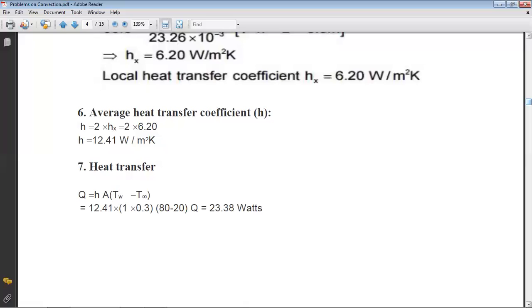The area of a rectangle is width into length, which is 1 into 0.3, and the change in temperature is 60 degrees. You will have heat transfer as 23.3 watts.